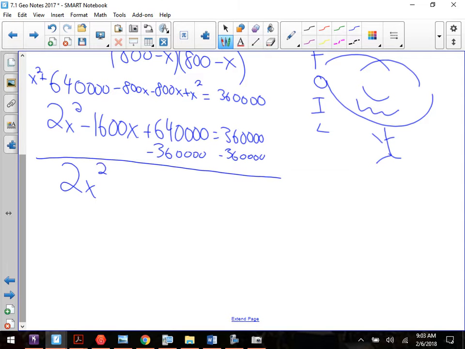And then we have a GCF. Those guys are all divisible by 2. It's just kind of ugly looking.